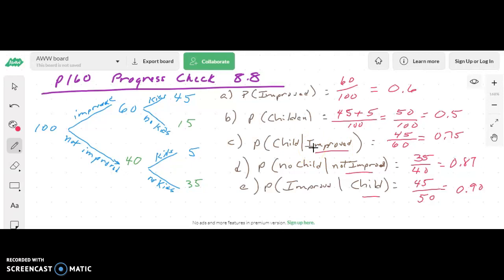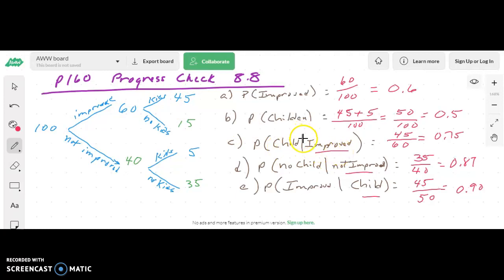So in this case here, our denominator is going to be 60. So we are saying out of the 60 who we know indicated improvement, what's the probability that they have a child? So it's going to be the 45 out of the 60 rather than 45 out of the 100.